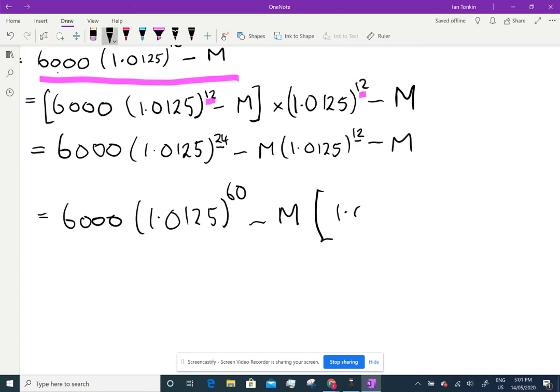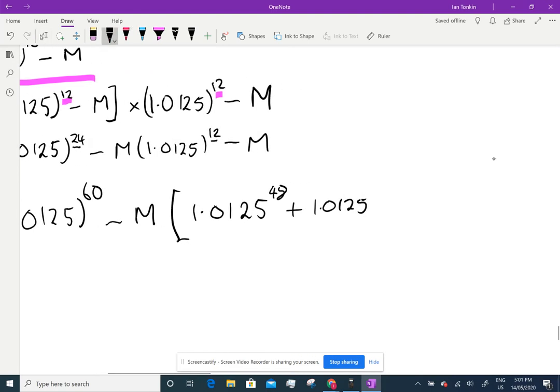I'm going to have 1.0125, and that's only going to be 4 12s, so that's going to be 48, plus 1.0125 to the 36, plus ... until I get to 1.